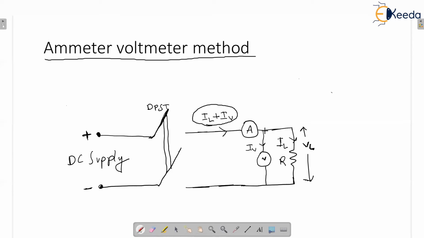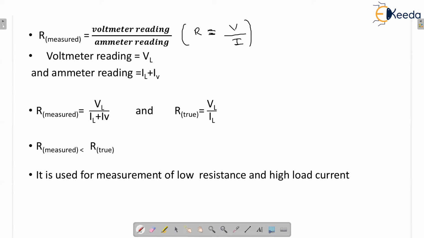And the ammeter reads the current through the voltmeter and the current through the load. Substituting these two in the above equation, the voltmeter reads VL by IL plus IV, and R true is VL by IL. True power never changes.